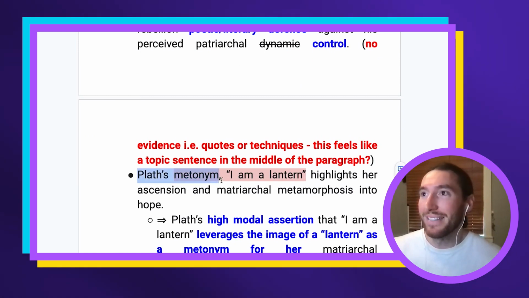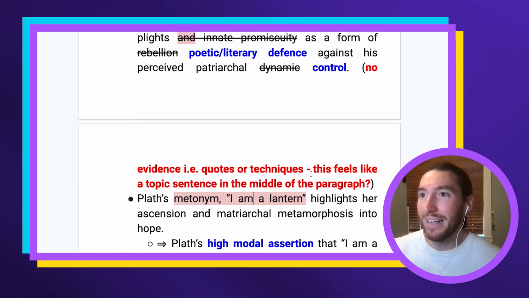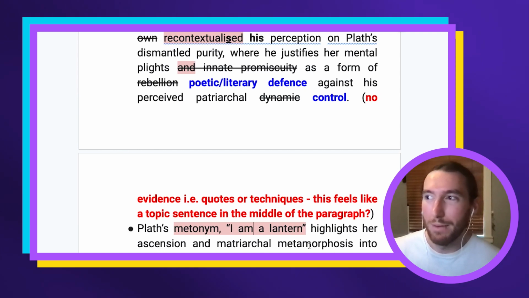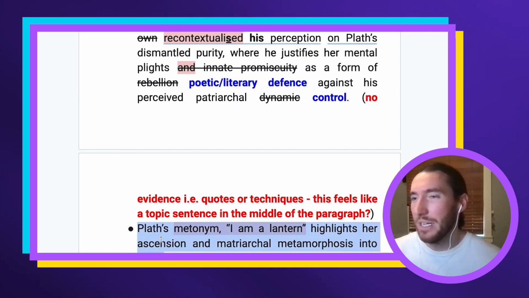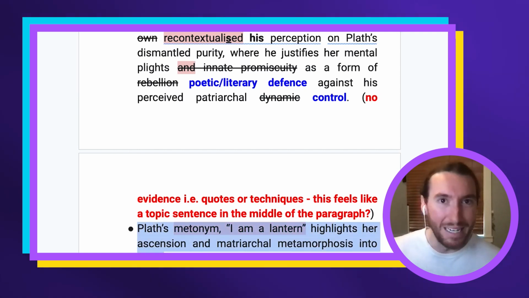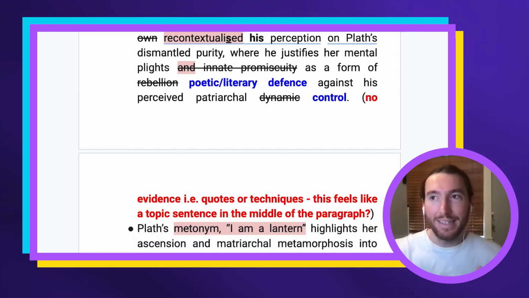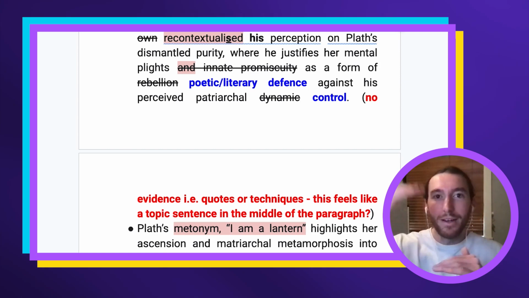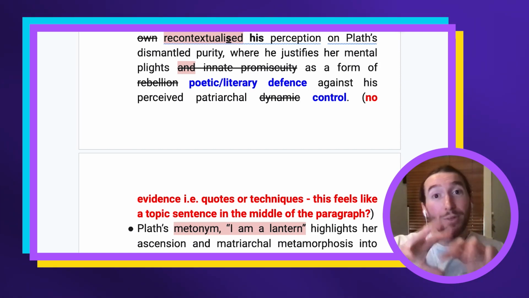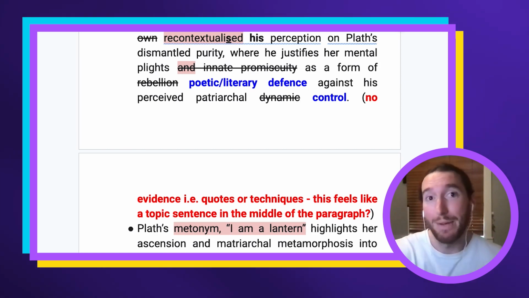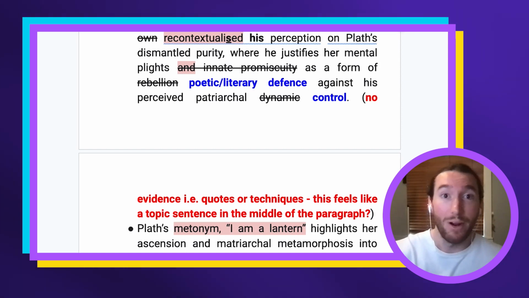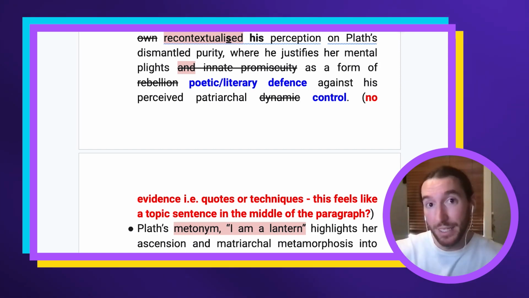Okay, next sentence. Plath's metonym, I am a lantern, highlights her ascension and matriarchal metamorphosis into hope. So the issue there is it feels a bit random. It feels a bit isolated. We need to make sure that every time you have another sentence, it's extending on the previous sentence. It doesn't have to extend it in that it's about the exact same idea. You don't want to repeat the same idea ever. Once you've said one idea, you need to move to the next, but it needs to relate to it in some way.